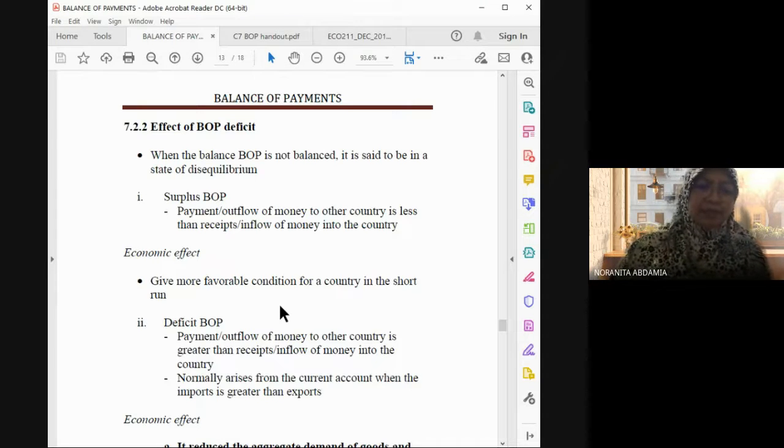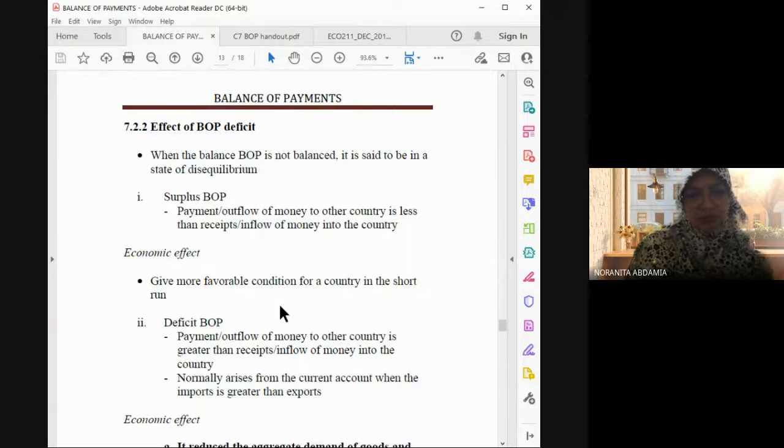But okay, in economic, this is unique. The situation is economic. For the thing that is good and gives benefit to the economy, we can't have that situation in a long term. Ini uniknya ekonomi ni. Contoh kalau macam ni surplus, kenapa pula tak boleh lama-lama?